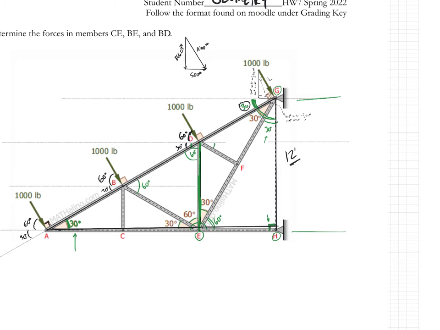So for that big triangle, I can say that the sine of 30 degrees equals, so the opposite of that 30 is 12 feet, and the hypotenuse of that is A to G, right? AG. So I can say AG equals 12 divided by the sine of 30, which is 24 feet.